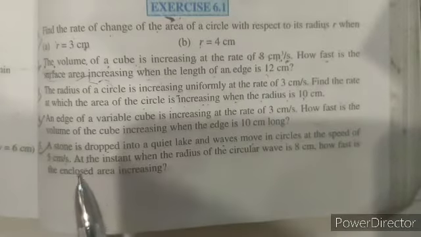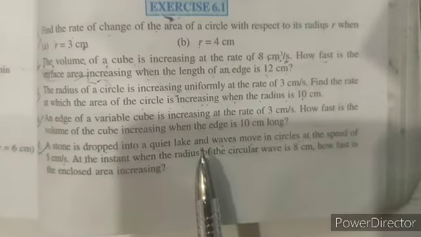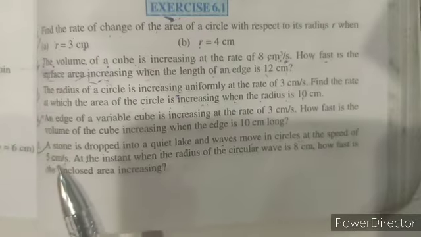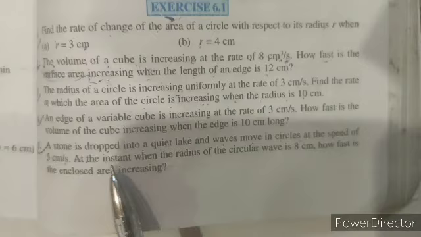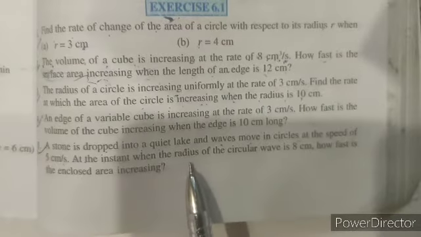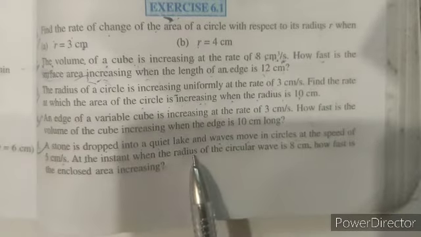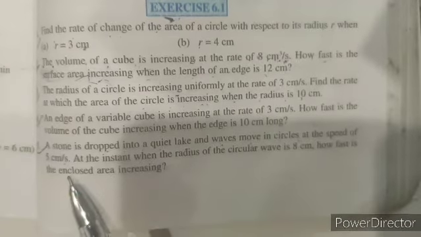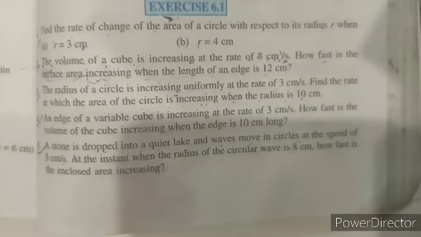Number 5. A stone is dropped into a quiet lake and waves move in circles at a speed of 5 centimeter per second. At the instant when the radius of the circular wave is 8 centimeter, how fast is the enclosed area increasing?